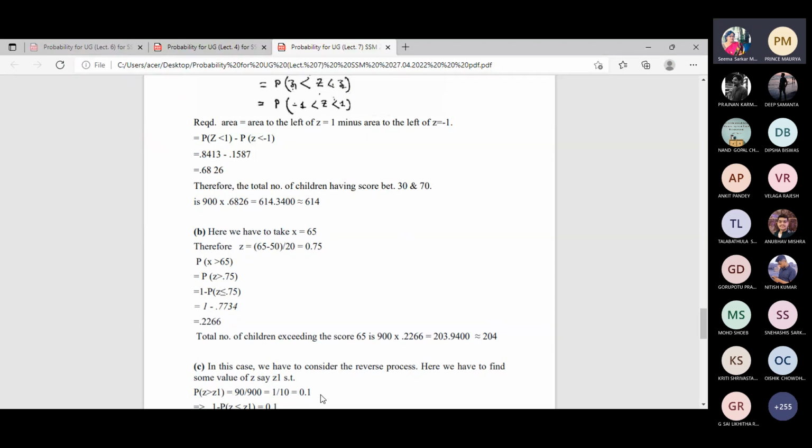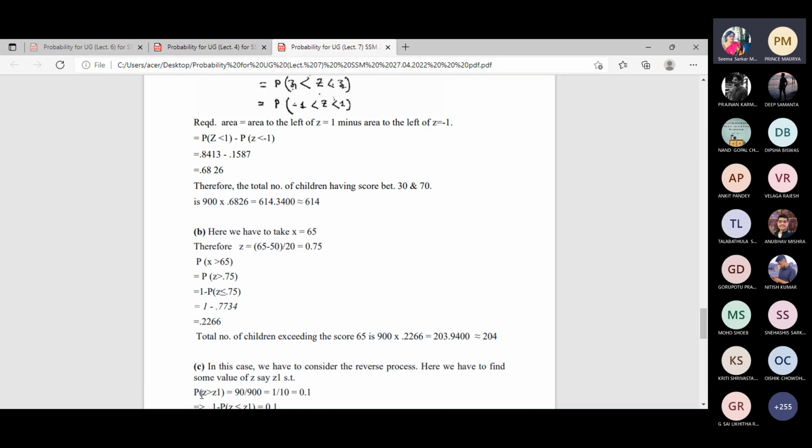So we need to find this probability. What is the Z1 value for which the probability is 0.1? Is this line clear to you? Yes, ma'am. Now, always in the table, the area is given to the left.